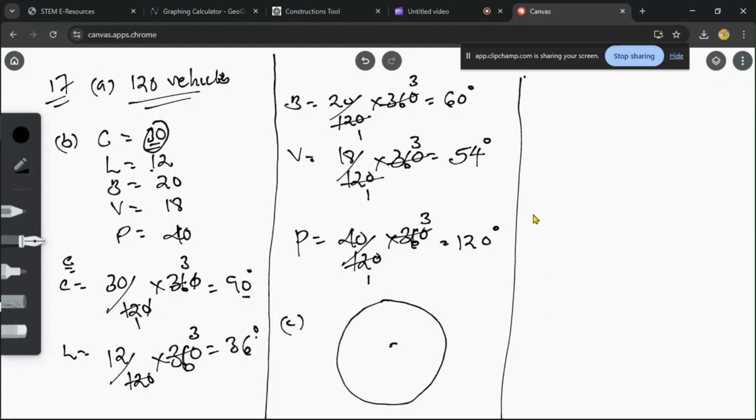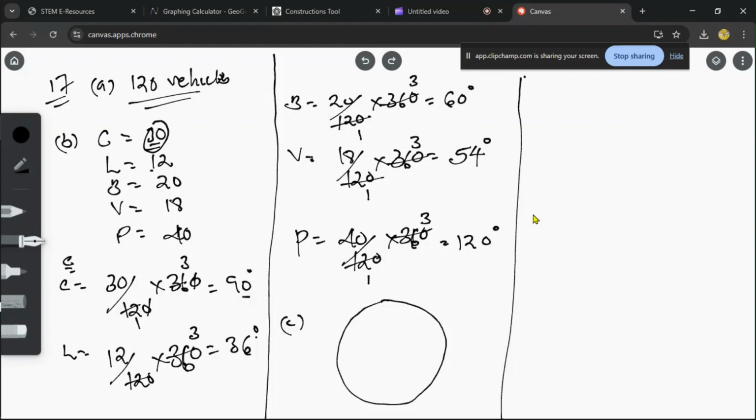The angle at a point, because it's a point, is supposed to be 360. That is why we shared this 360 among what you have here. If we go all around, because it's a circle, it's the same as an angle of 360.